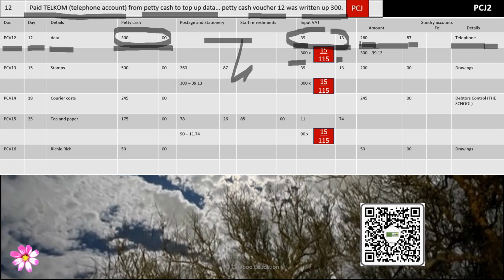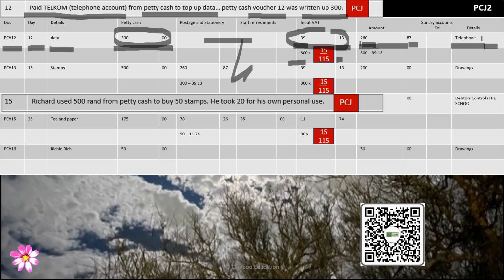And under details, I'm going to write the name of the general ledger account that will be debited, telephone. And why it's debited, I'll tell you quickly. It's an increase in expense, and the rule says an increase in expense, you must debit the account. Next transaction.